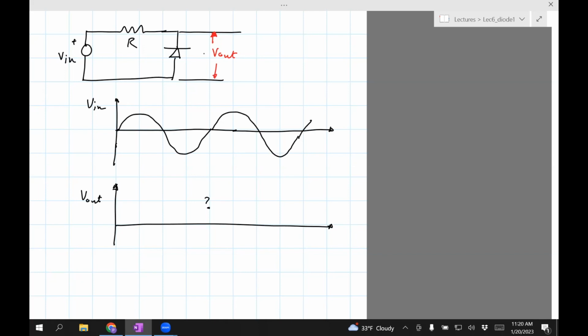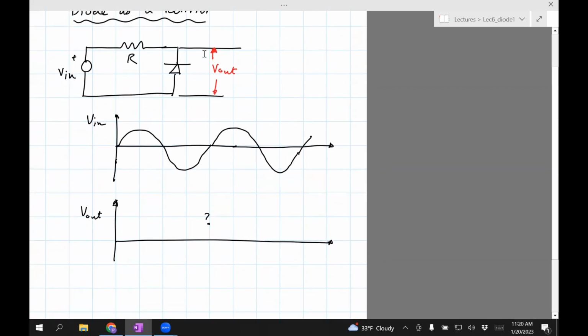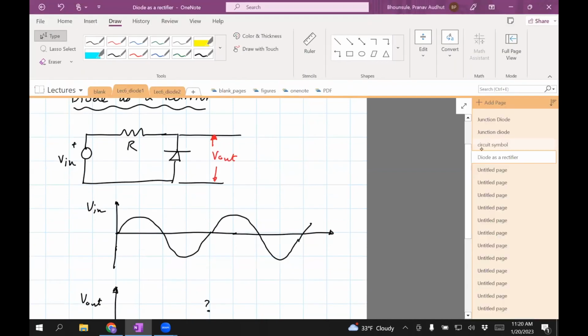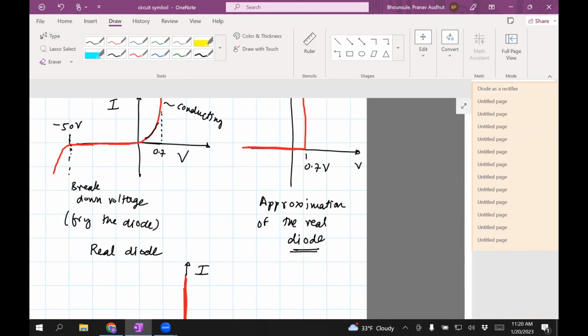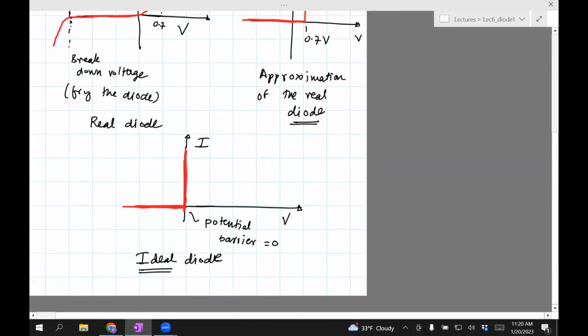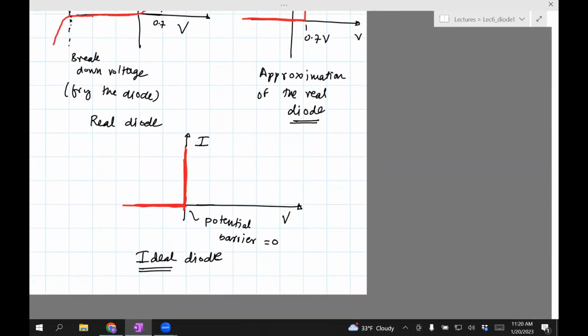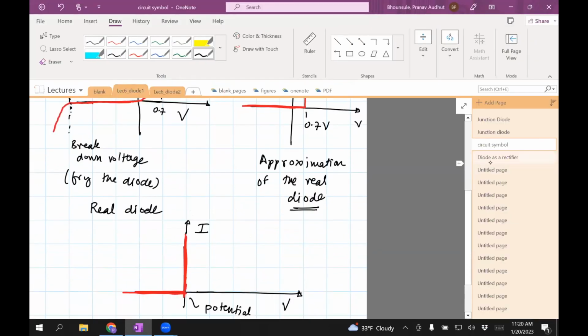Okay, we need to figure this out. This can be done by analyzing the diode using the same things I showed you earlier, which is thinking of that plot of voltage versus current. Here we have one plot and we have another one. We'll assume an ideal diode and use that to analyze the circuit. So let's get started.